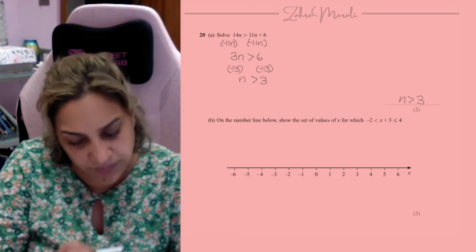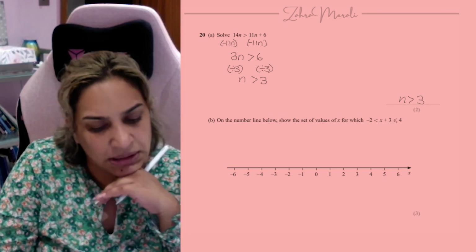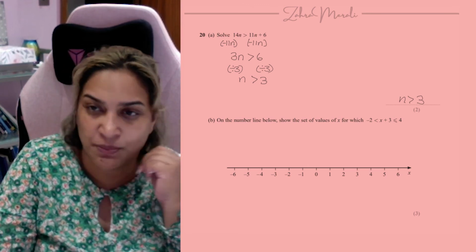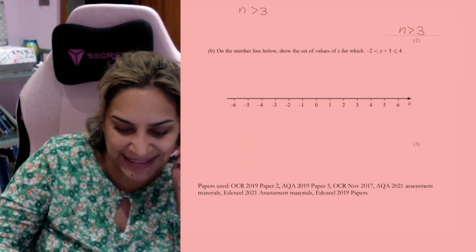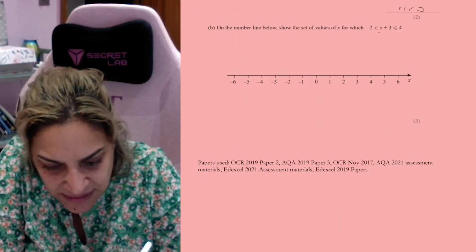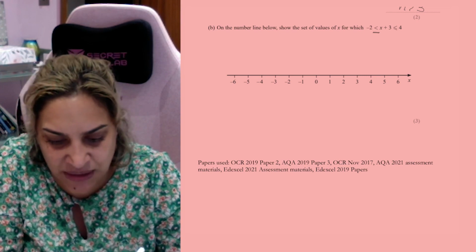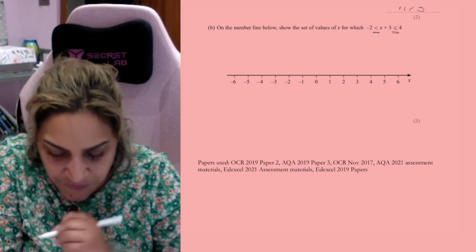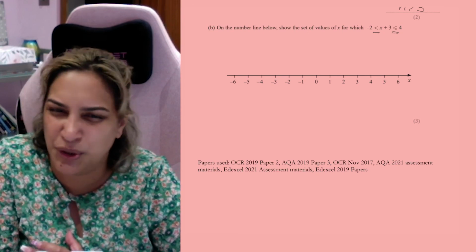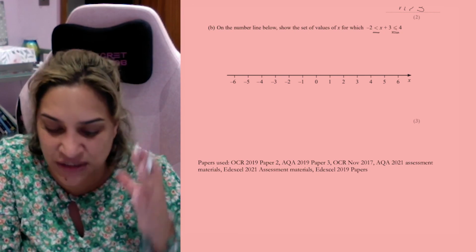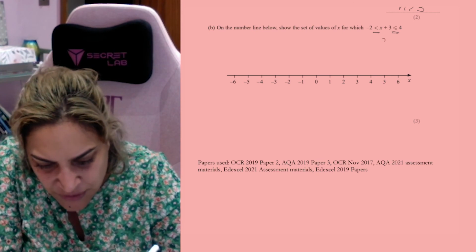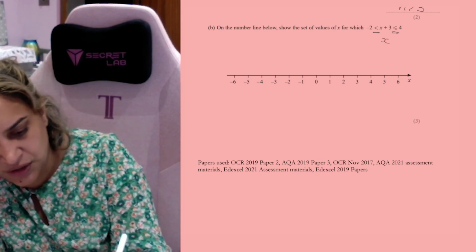Okay. On the number line, show a set of values for which minus 2 is less than x plus 3, which is less than or equal to 4. Okay, so remember this sign. But we can't plot anything like that first. We need x on its own. So when you've got something on both sides, to get x on its own, you've got a minus 3.